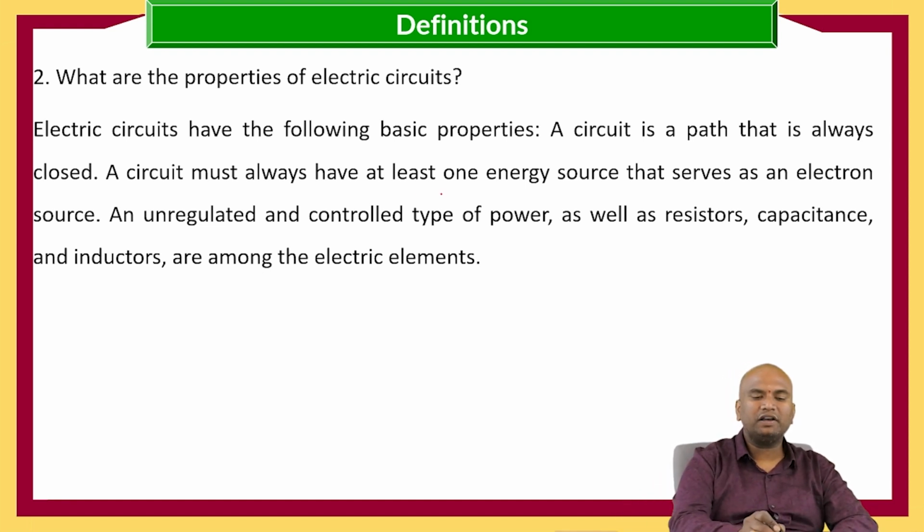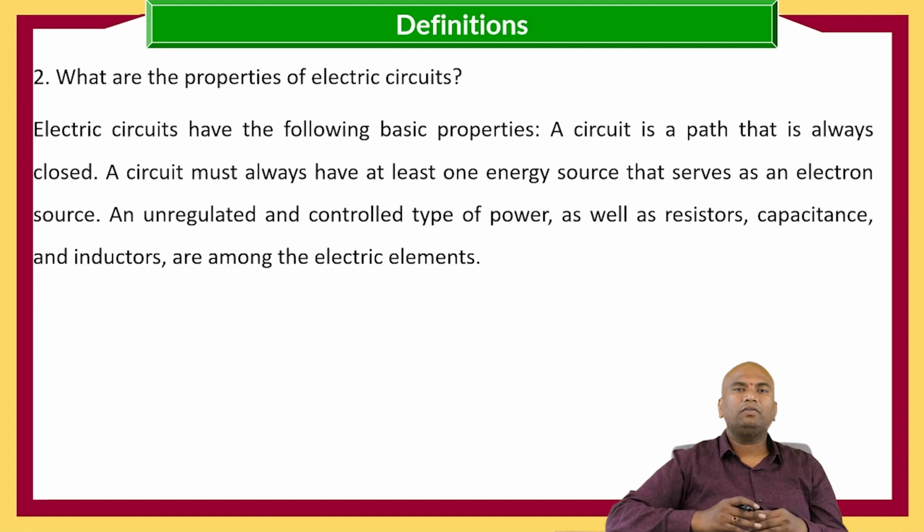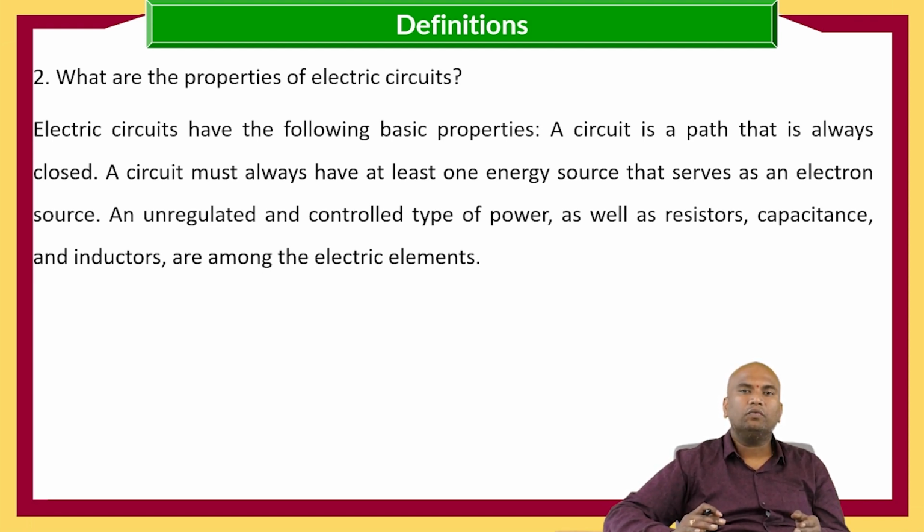And a circuit must have at least one energy source, because in a circuit without an energy source, no current will flow. So no function is going to take place within the circuit. So in order to get the required function, we need to have one energy source in the circuit.